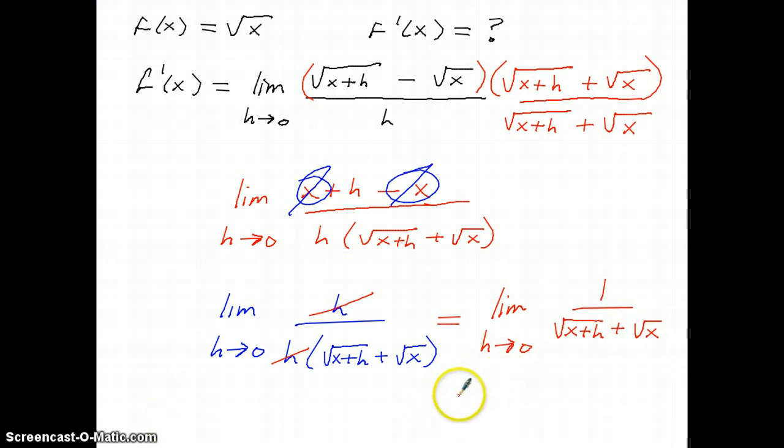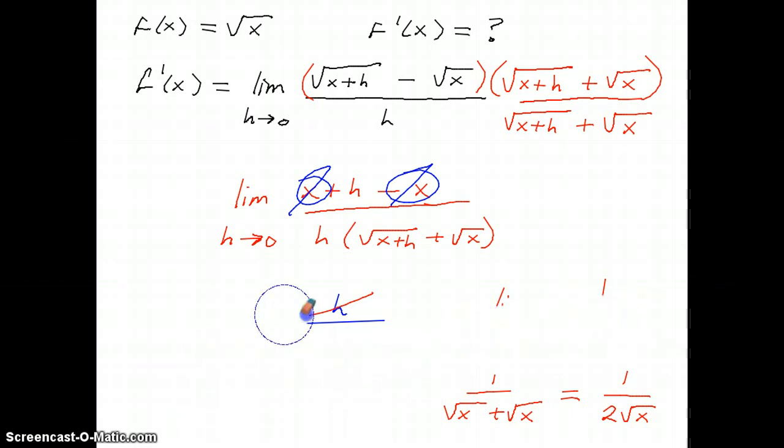And so we end up with a 1 over the square root of x plus 0, which is just the square root of x plus the square root of x, and these are like terms, and so we can combine them, and we can write a 1 over 2 root x. And that is the derivative of that particular function.